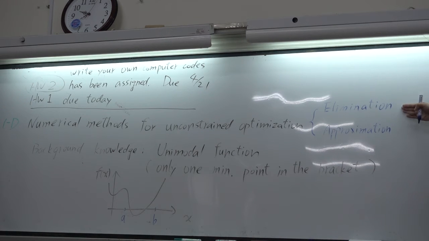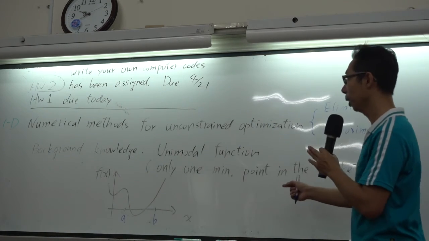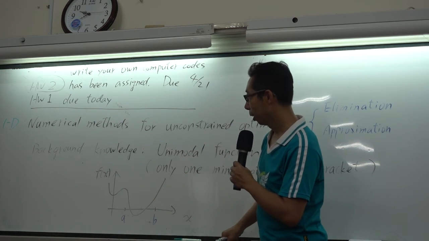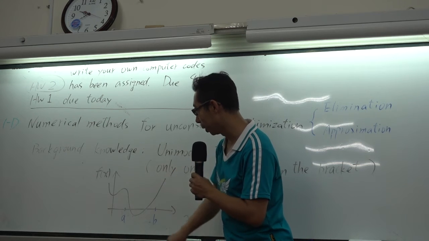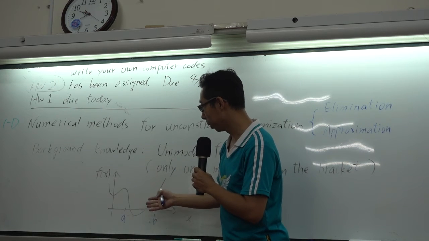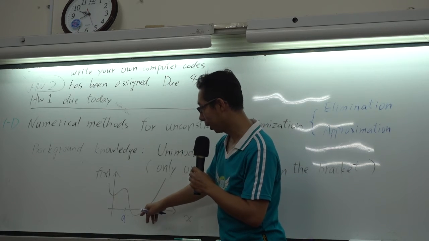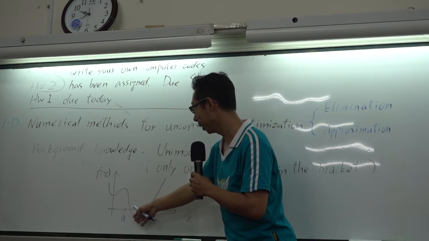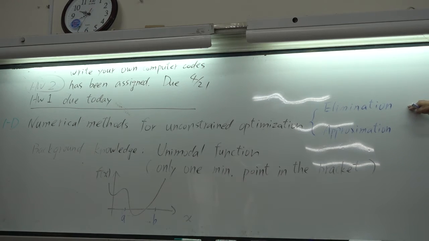The so-called elimination means that we start from a bracket, and then we try to delete some part of the bracket such that it becomes smaller and smaller, and finally we are confident that this bracket is small enough such that the point lies in the middle of it.